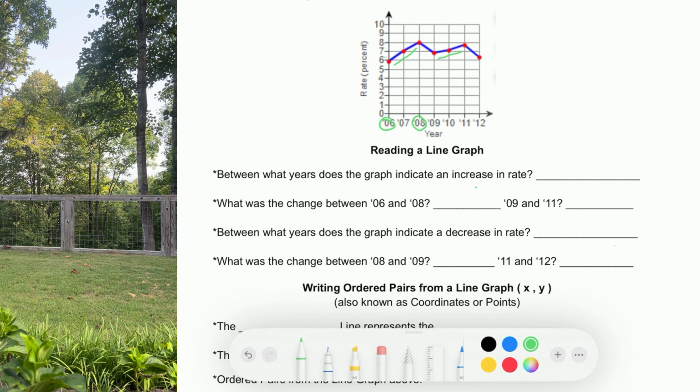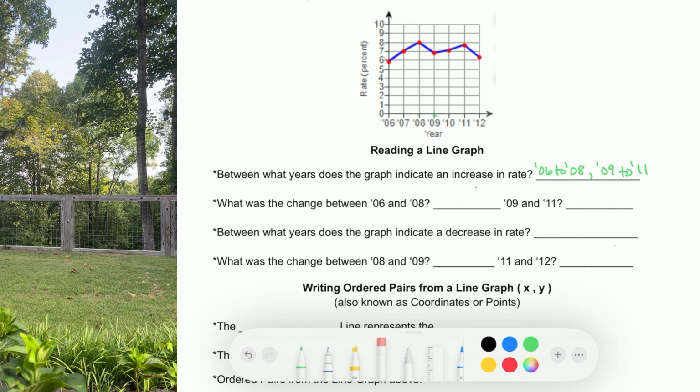So our first answer in this blank is going to be 06 to 08. Our next incline, our next increase was from 09 to 11. So we're going to include that, 09 to 11.